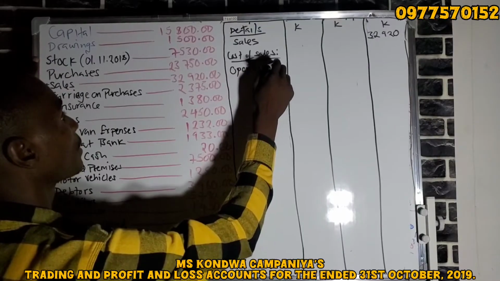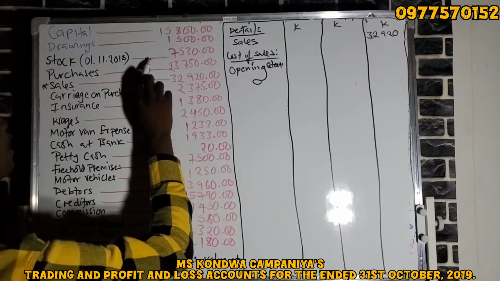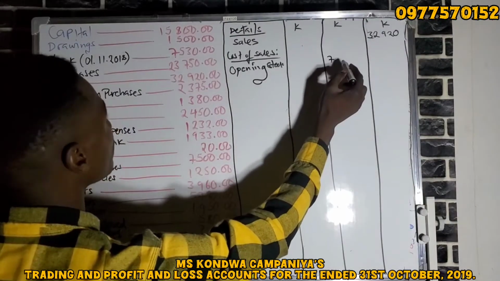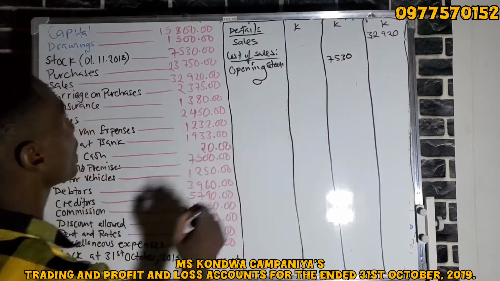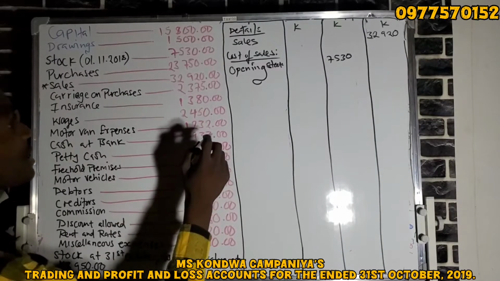How much is the opening stock? 7,530. So in the middle column here, 7,530.